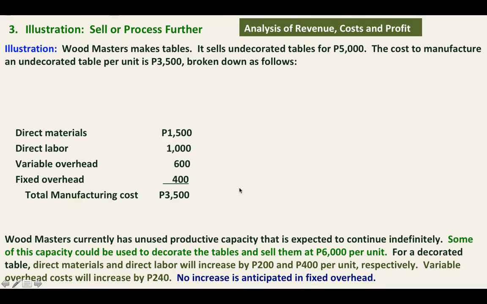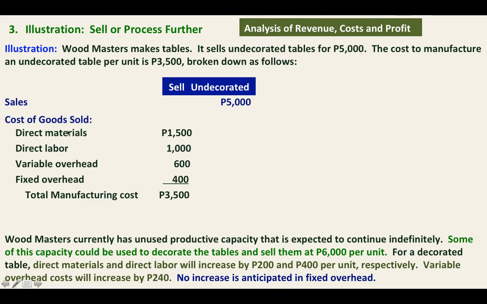So here, if we sell undecorated, this will be the cost, the 3,500. Our sales would be 5,000 per unit. So this is our cost of goods sold.